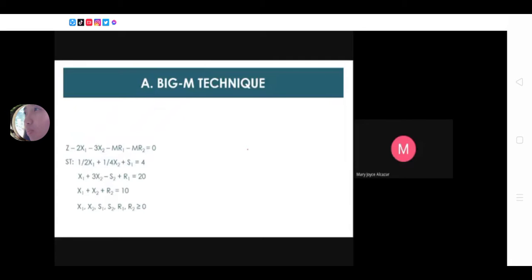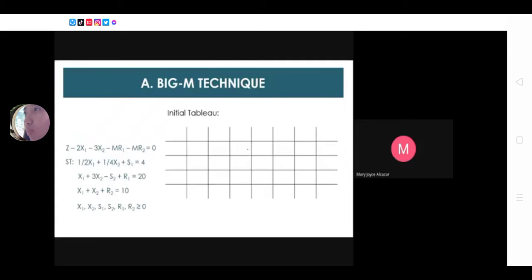Same as in the simplex method, you will always start with an initial tableau. The initial tableau contains the basic column, then the Z for the objective row. For the first constraint, the basic variable will be S1, same as in the simplex method.